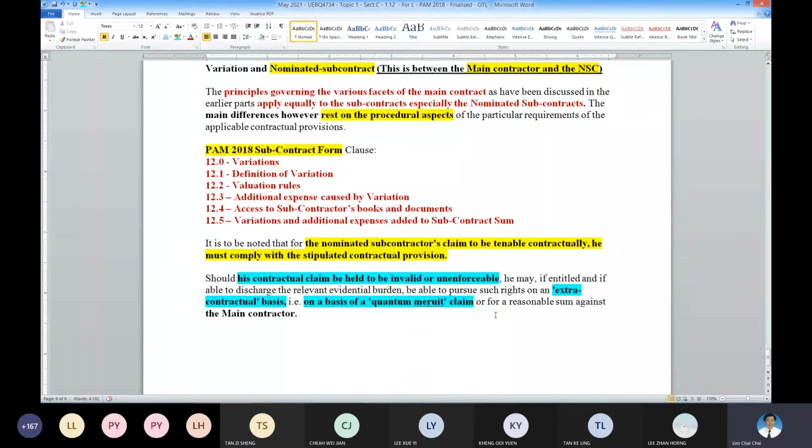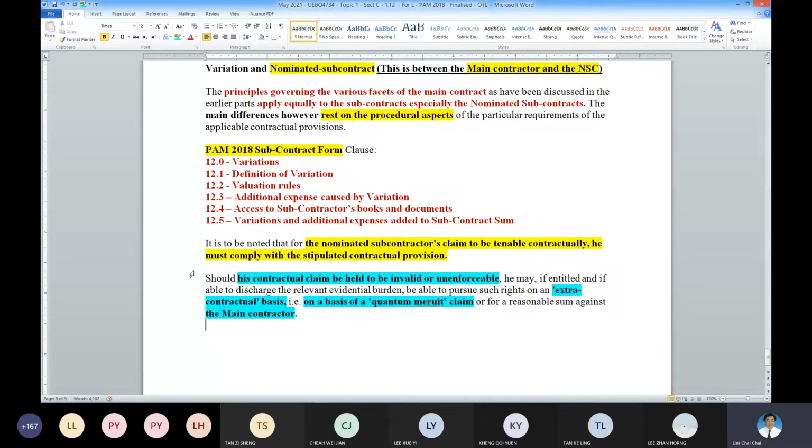against the main contractor. So this one is a private contract between the NSAs and the main contractor, if the event is not claimable to the employer or is sometimes invalid due to the procedure. Here there is a lot of procedure to be complied with. Then there's a possibility the extra contractual basis can come in. Similarly, for the main contractor and the employer, this principle is still applicable.